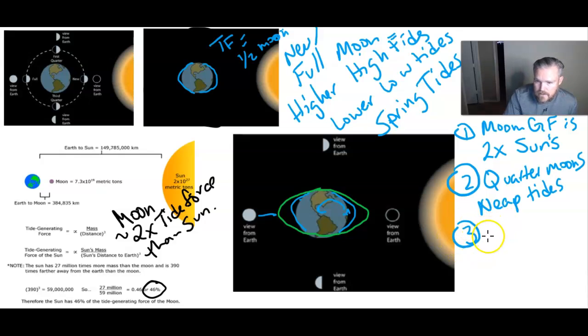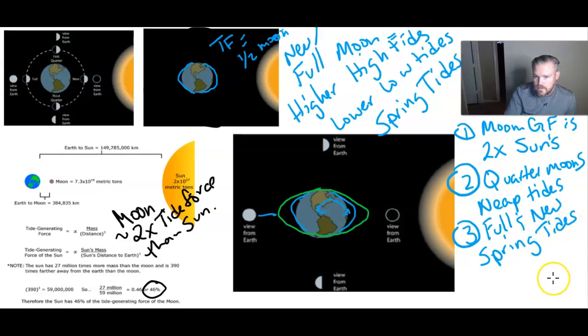And then the third thing we need to know is that at full and new moons, we get what are called spring tides, which is higher than normal high tides and then lower than normal low tides. So basically the difference between the tides is greater. If you know that, we should be good on tides.